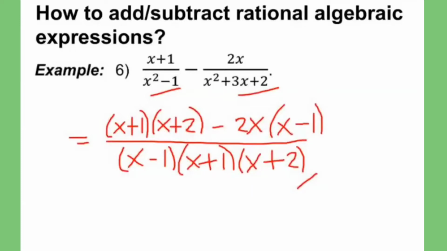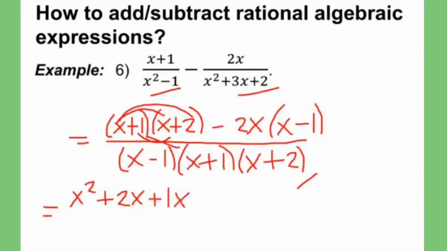We now simplify our numerator. Applying the FOIL method, we have x times x, that's equal to x squared. x times positive 2, that is equal to 2x. 1 times x, that is equal to positive 1x. And 1 times 2, that is equal to positive 2. And we also apply the distributive property.